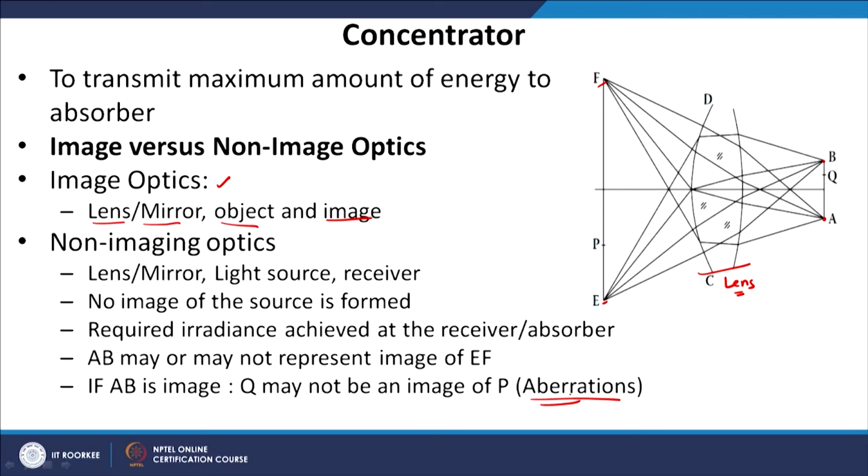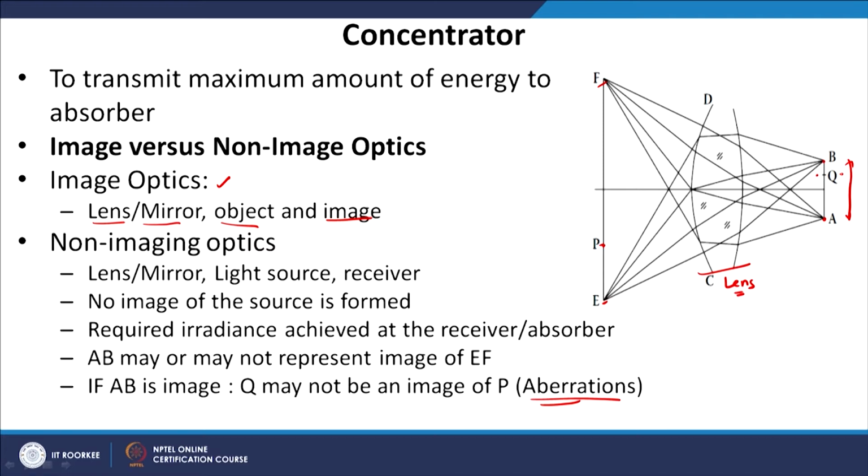The point I want to emphasize is that it is not possible to reproduce a sharp image of EF onto AB. As an example, if you have a point P on EF, then Q will not be its image. Suppose you have made an image of EF as AB, then point P will not have its image at Q; it will be shifted to either this side or that side. So, there will be aberrations, there will not be a sharp image.